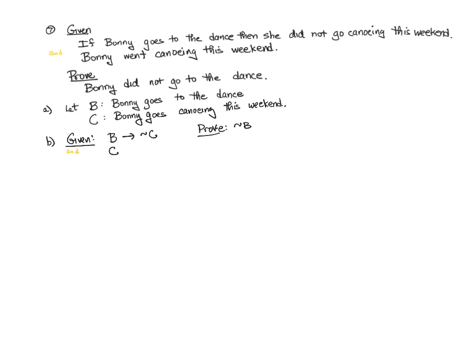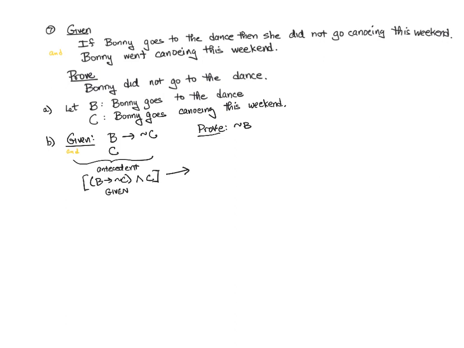All right. Now, one way to do this is to write one big compound statement and show it's a tautology. So I could summarize this as my antecedent and write if B, then not C, but I have to put parentheses, and C. So the given is the antecedent of my conditional.